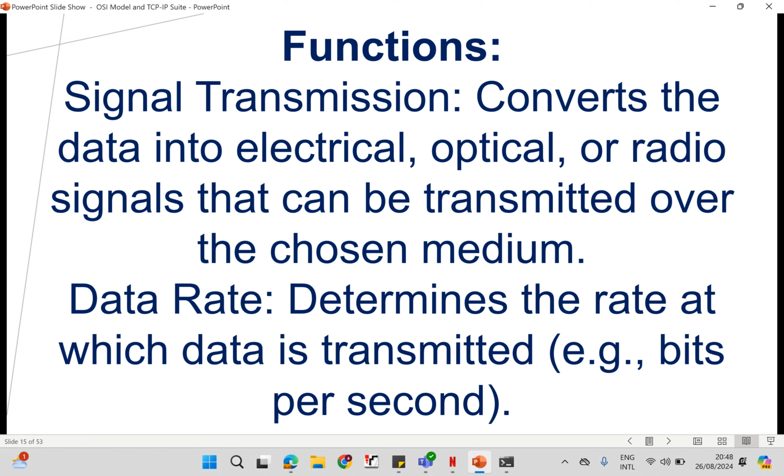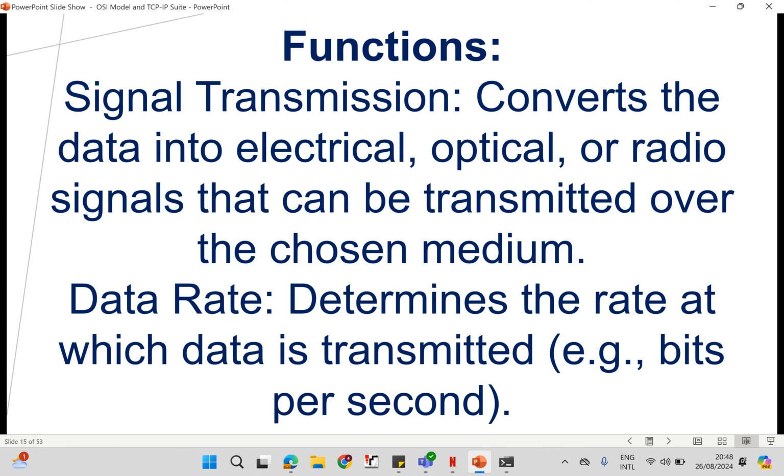We call it point to point. You begin to ask, is there a line of sight so the radio can see the other radio and they can communicate? So it could be via radio signal, via optical, which means fiber, electrical, or any chosen medium. So the first function is signal transmission.